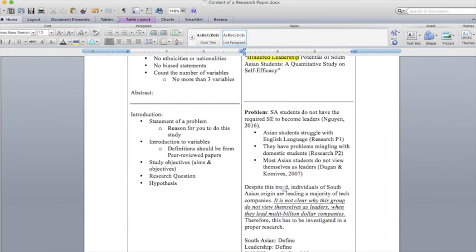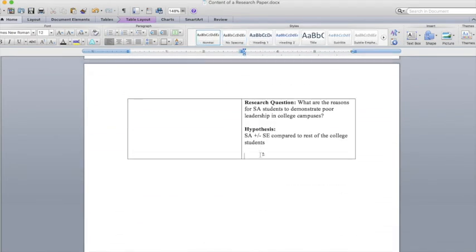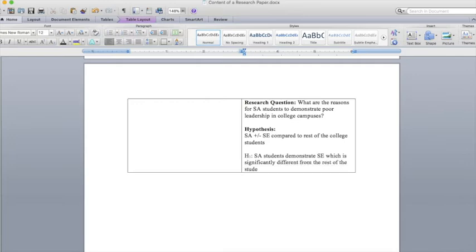So how do you write a hypothesis? We write a hypothesis like this, H1, okay. Let's say South Asian students demonstrate self-efficacy which is significantly different from the rest of the students.